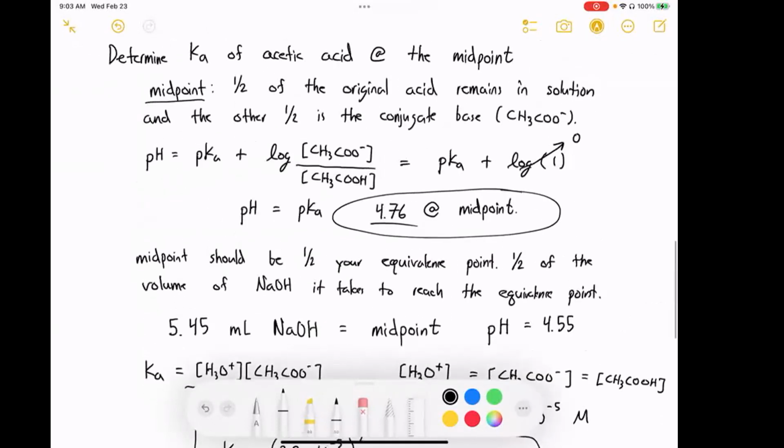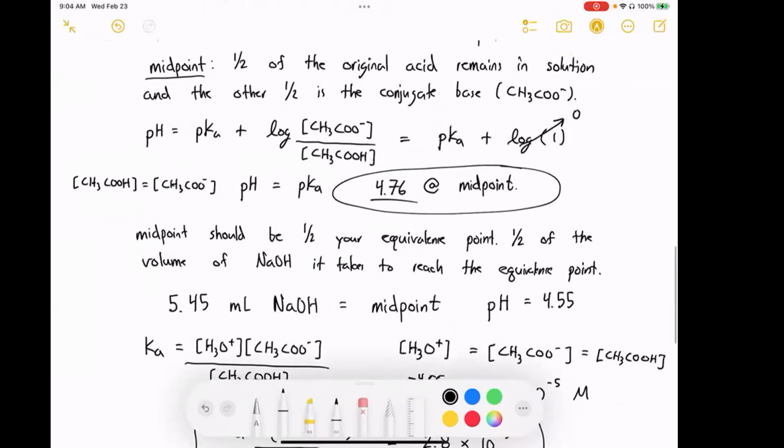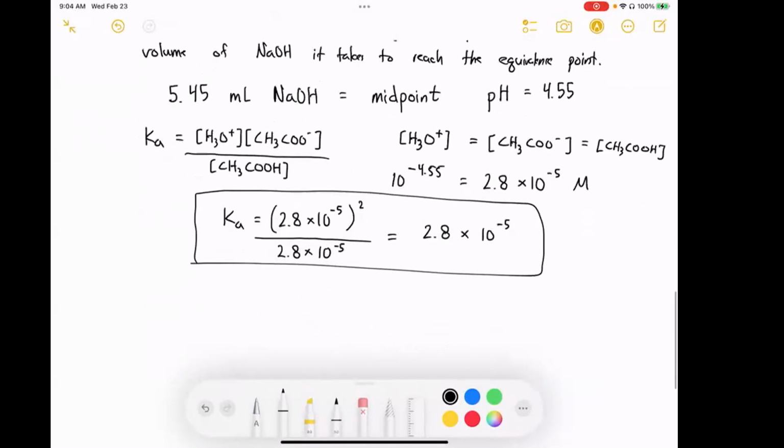So at the midpoint, the concentration of CH3COOH equals the concentration of CH3COO minus, or the conjugate base. And we can use the Henderson Hasselbalch relationship to determine the Ka there.